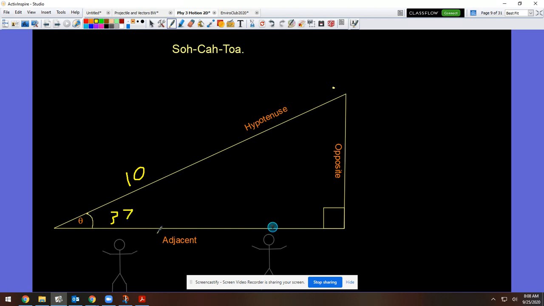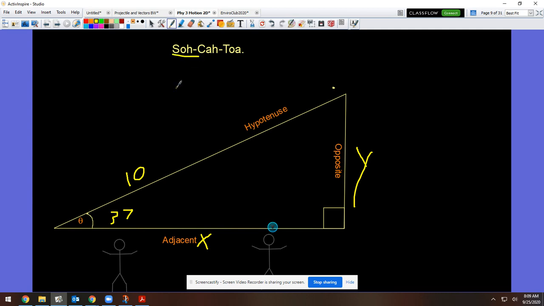And we want to find this, the adjacent. Because it's on the x-axis, I'm going to call it the x. Or the opposite, it's up on the y-axis, so I'm going to call it y. Now, opposite is not always y, and adjacent is not always x. If you turn this triangle on its point, all of a sudden, the x's and y's, you just reassign them. I'm just saying adjacent is over here and opposite is over here.